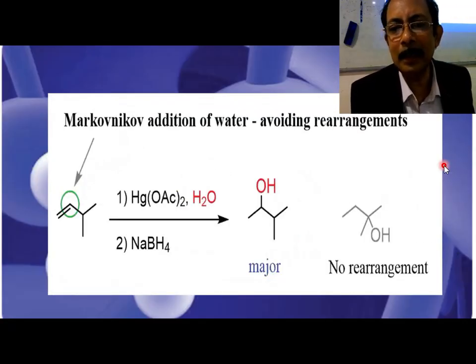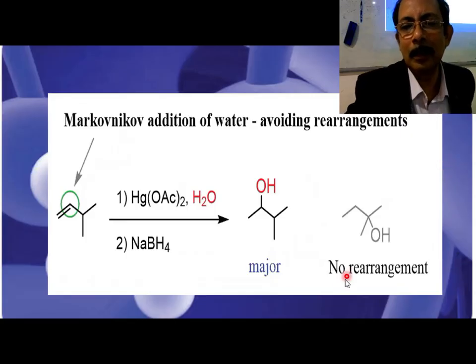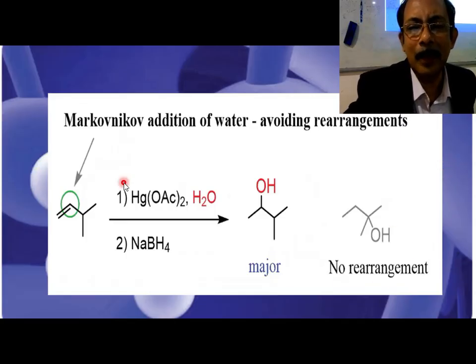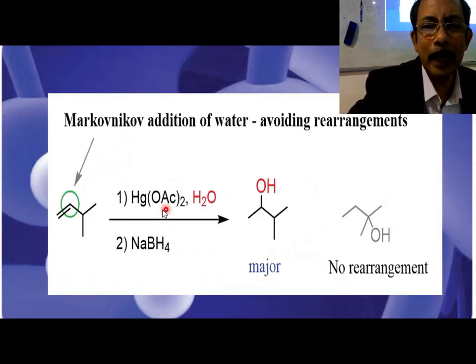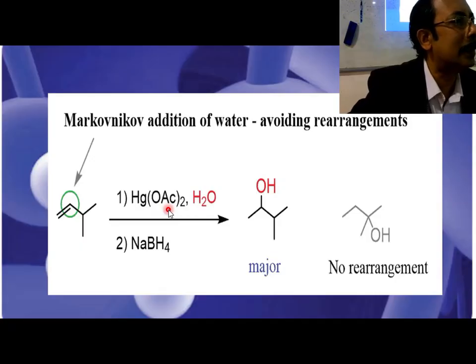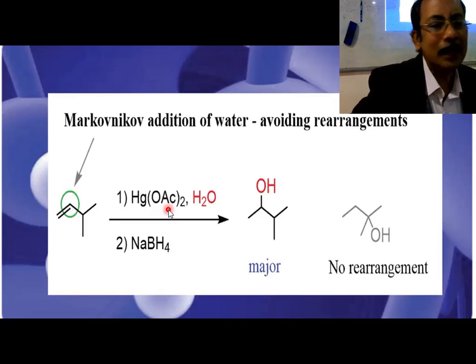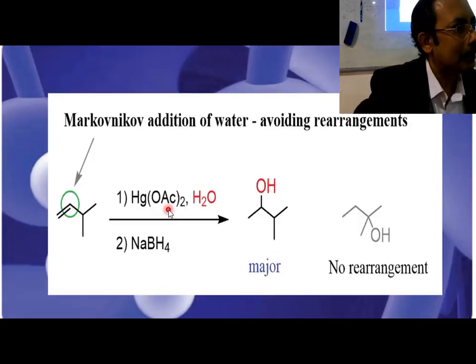Markovnikov addition reaction using mercury as mercuric acetate, it is called. OAc means what? OCOCH3, that is called acetate. In short we write OAc. So this Hg(OAc)2 means Hg(OCOCH3) twice, the mercuric salt of acetic acid.